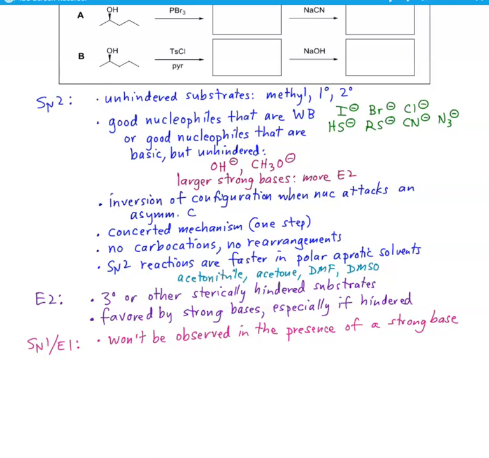If there's a strong base hanging around, it's going to react much faster than a carbocation can form. Therefore, you'd get an E2 pathway instead of an SN1 or E1 pathway, or potentially you could get SN2. So the base would react faster than a carbocation could form. So that recaps what we've seen so far. We'll turn our attention next to the other pathways.